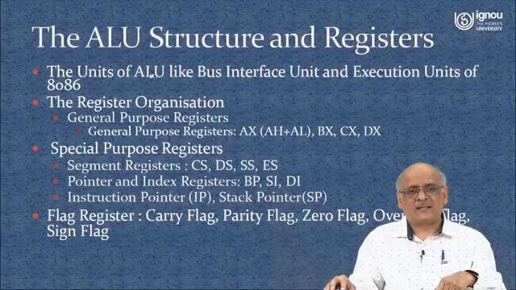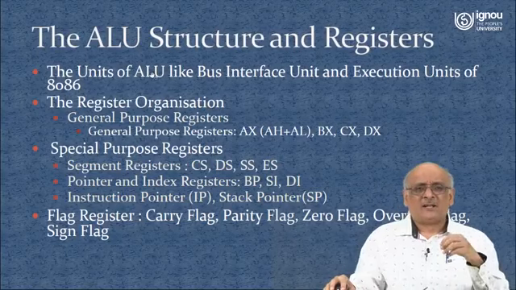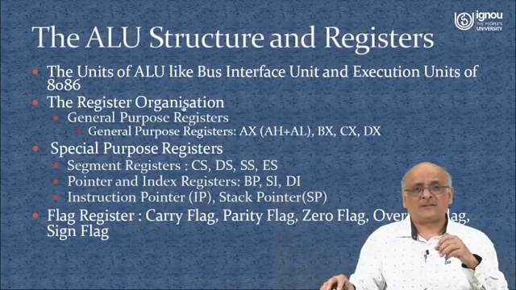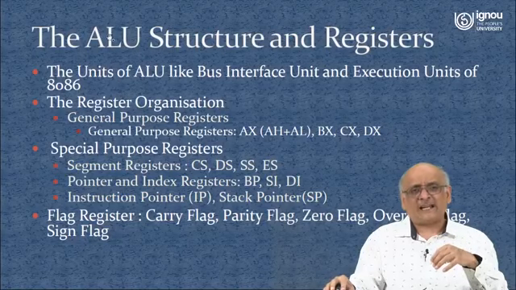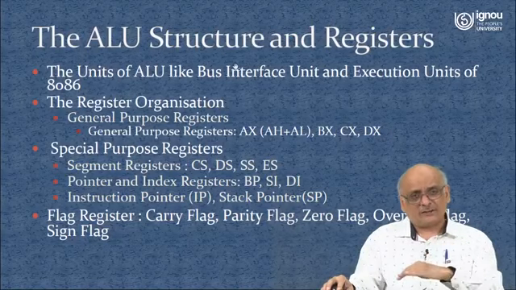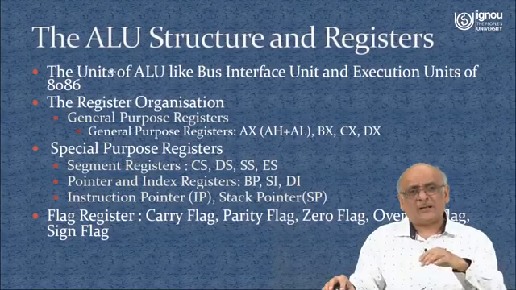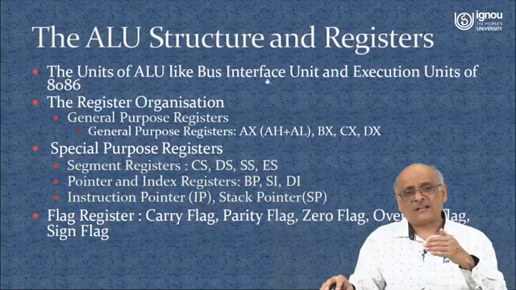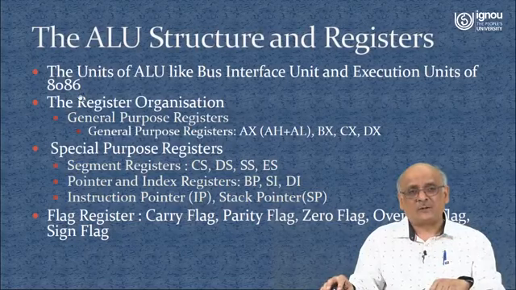Let's not simply put it as ALU. So we had two units of the microprocessor, the bus interface unit and the execution unit. The ALU structure we will do a little bit later, but a microprocessor technically consists of some units which can execute in parallel, like the bus interface unit and execution unit of 8086.